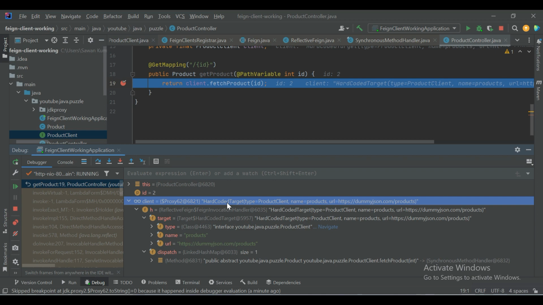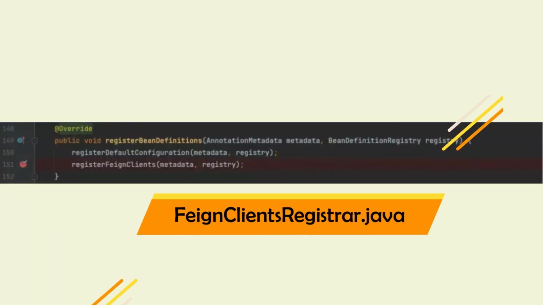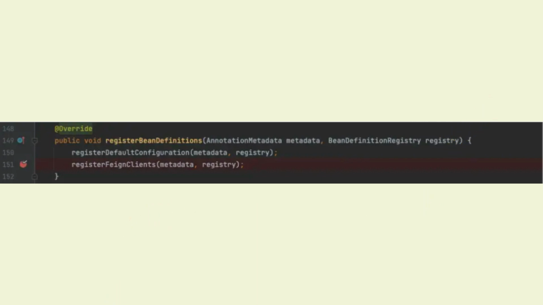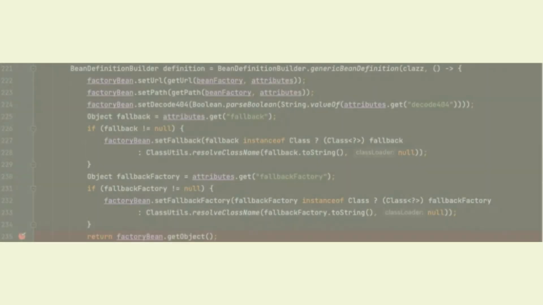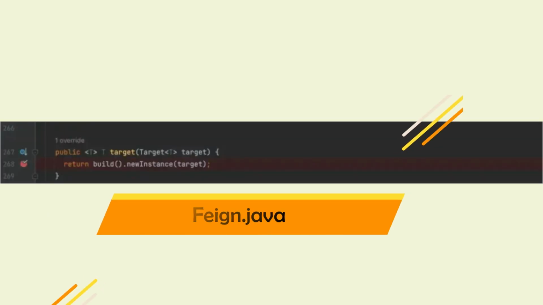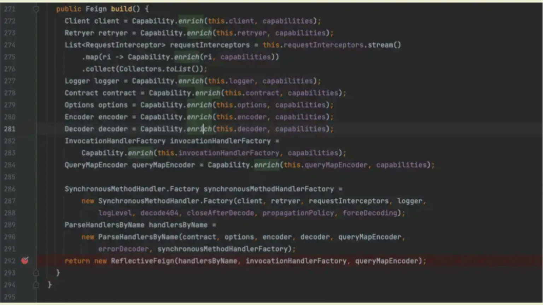But what makes it a proxy? When the application starts up, FeignClientsRegistrar.java class will scan the FeignClient annotation in our code to create bean definitions in the bean factory. Then when creating a bean, calling factory.getObject will return a Feign client created with the specified data and context information, which will lead to this build method.